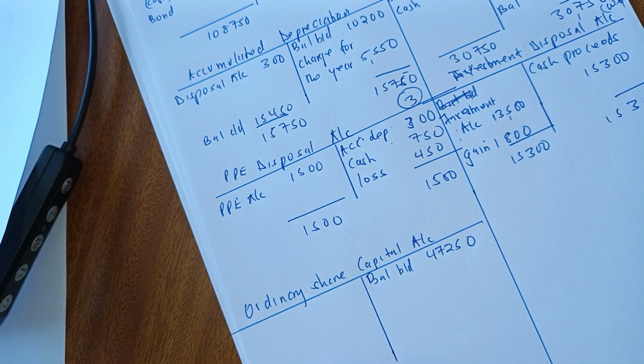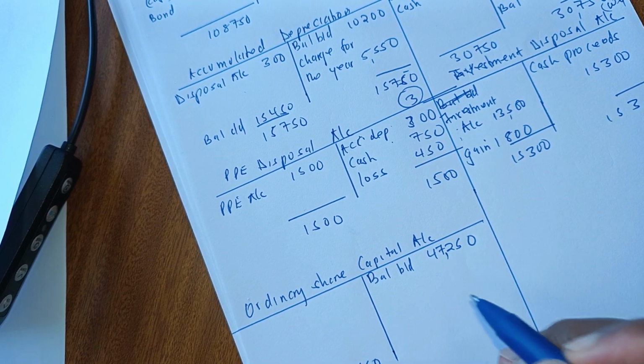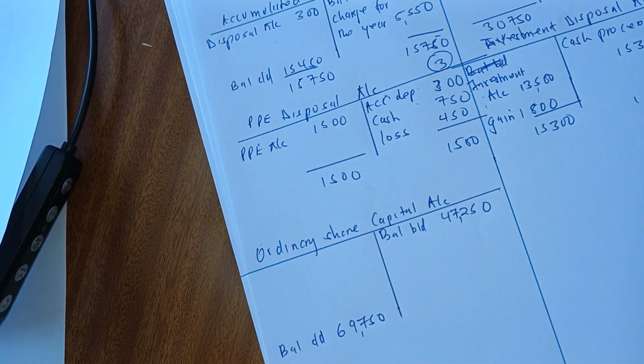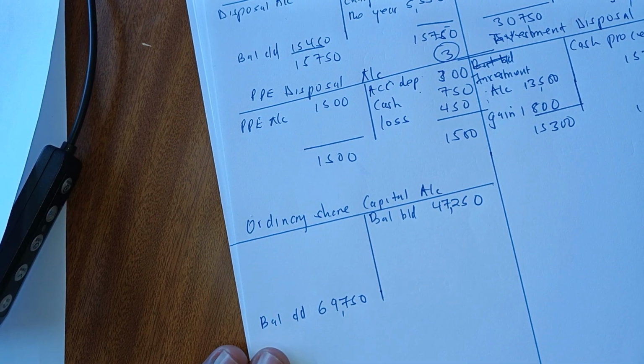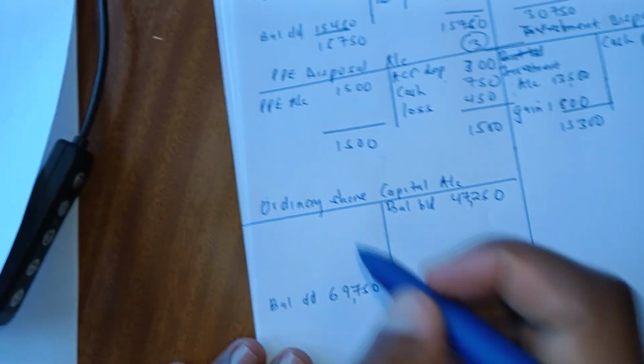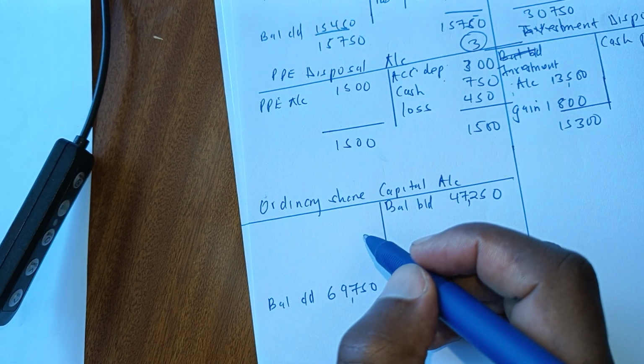The balance carried down is 69,750. Then there's note number 6.